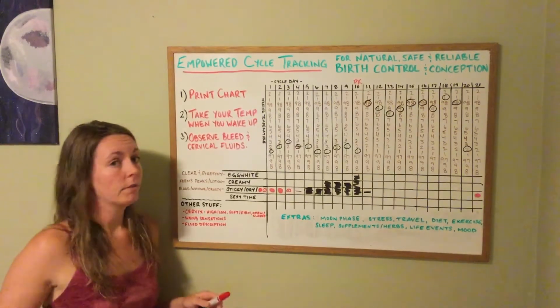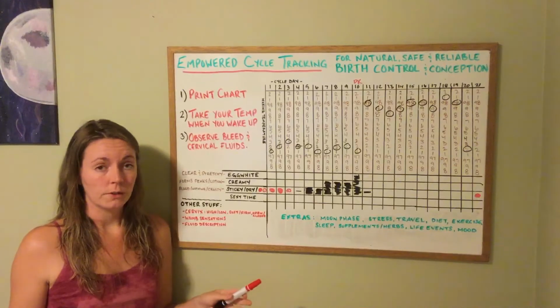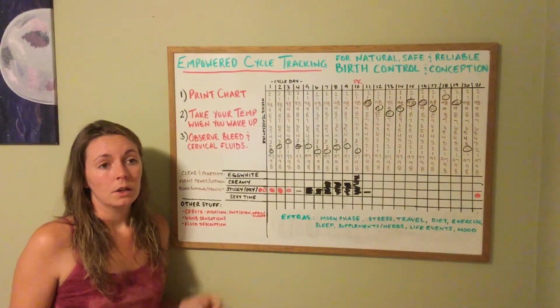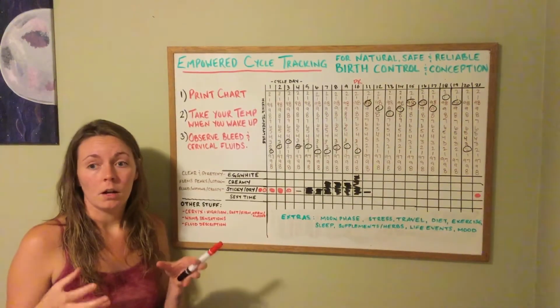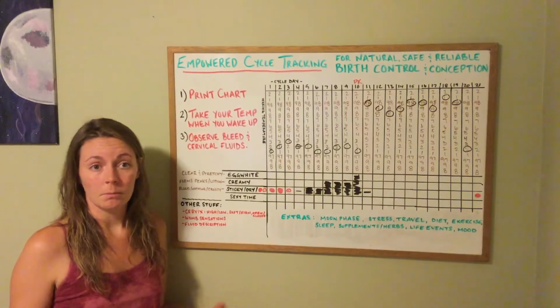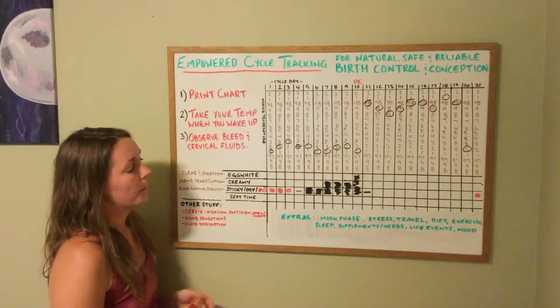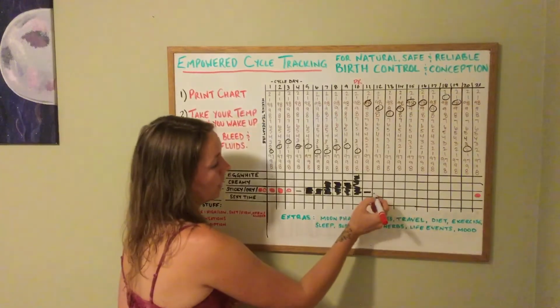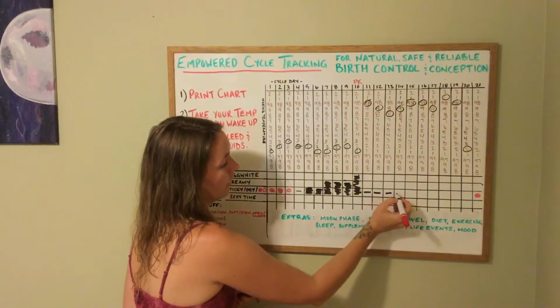Totally normal to have secretions all through your cycle, because the uterus and the vagina are a natural cleansing mechanism. So dry or general moistness, we still just use a line like this.